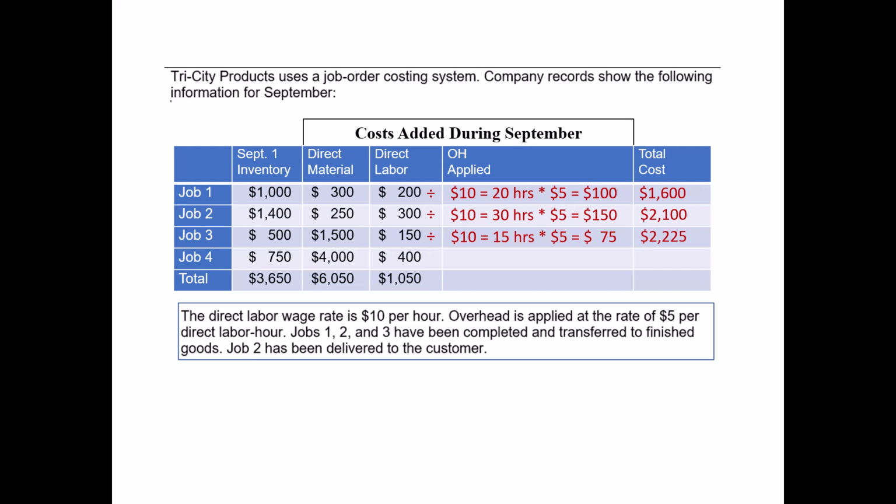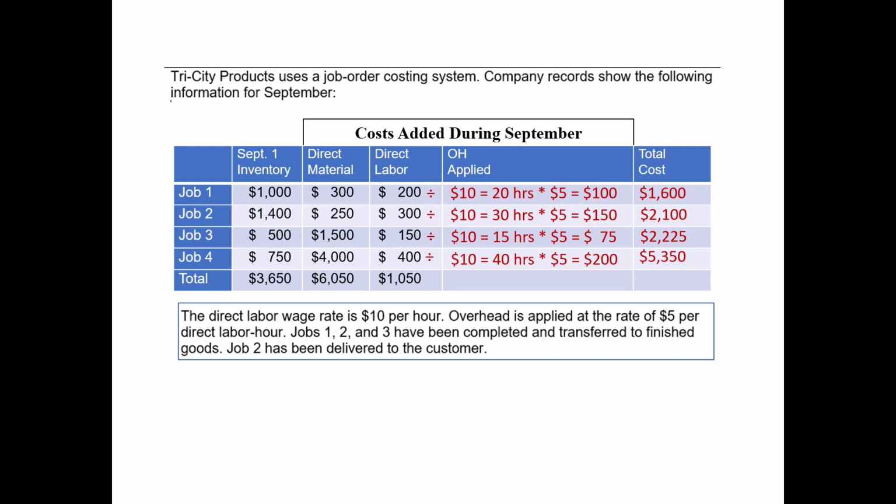This gives us a total cost of $2,225. For job 4, we can see that that will be 40 hours of direct labor, and overhead is applied at a rate of $5 per direct labor hour, which gives us $200. The total cost of job 4 is $5,350.